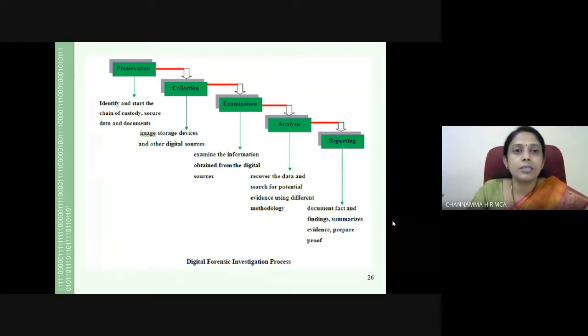That is, preserving the digital evidence, then collecting the digital evidences from the sources, examining and analyzing them, and then reporting it and sending it to the court of law.